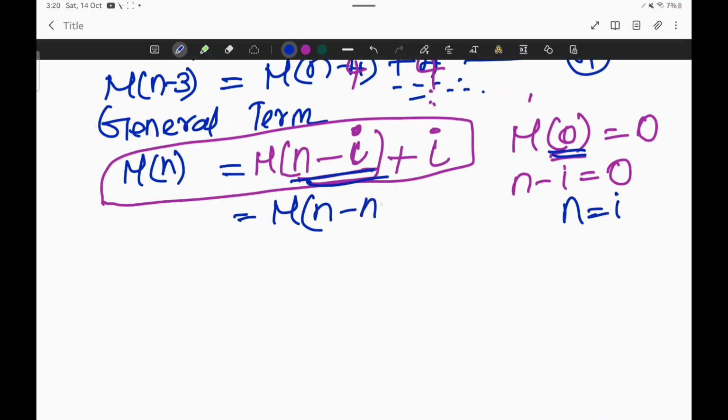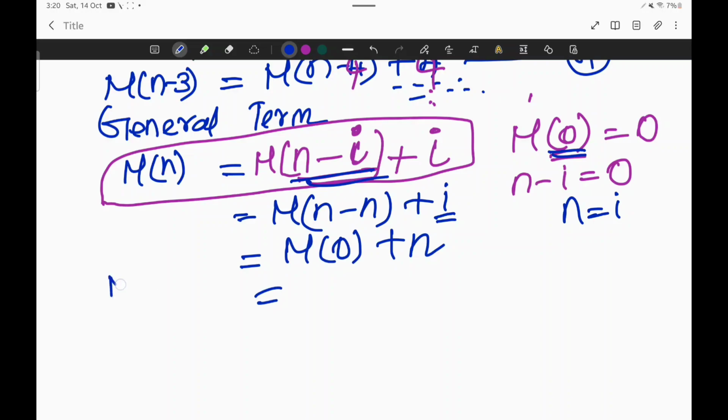Wherever I appears, we can replace it with n. So I can be replaced with n, and this I also can be replaced with n. So n minus n is 0, M of 0, the initial condition, is 0. So M of 0 is equal to 0, plus n.